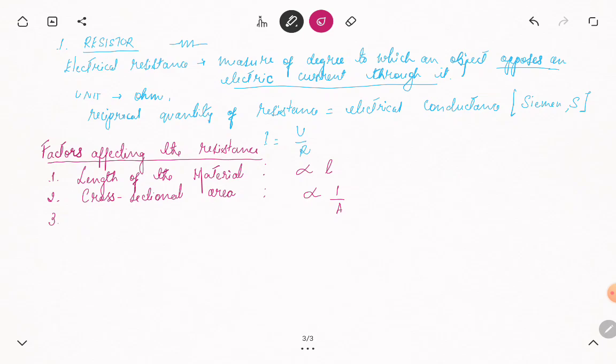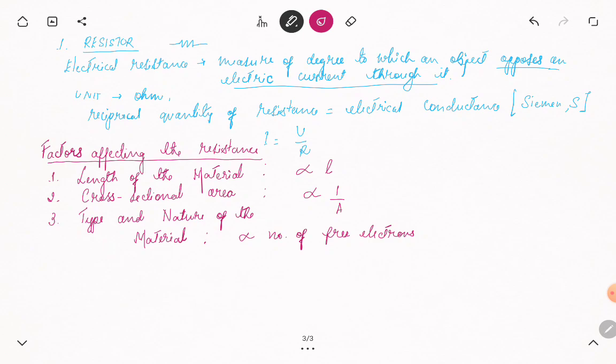Then number three is the type and nature of the material. The resistance of a material is dependent upon the nature of the material, in the sense that it depends upon the number of free electrons present in the material.